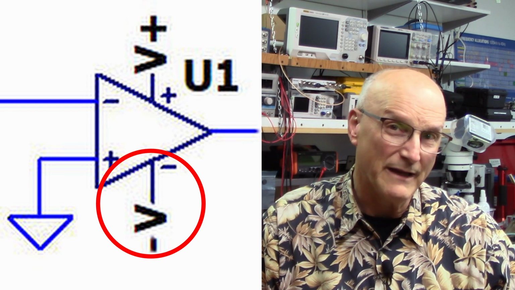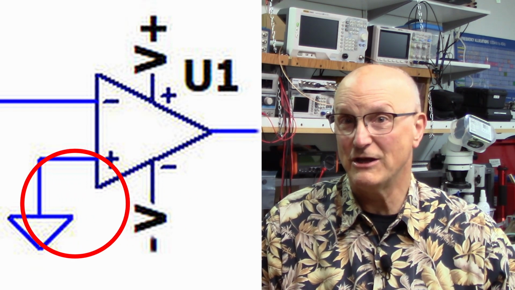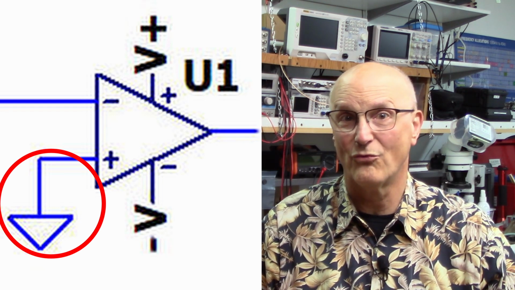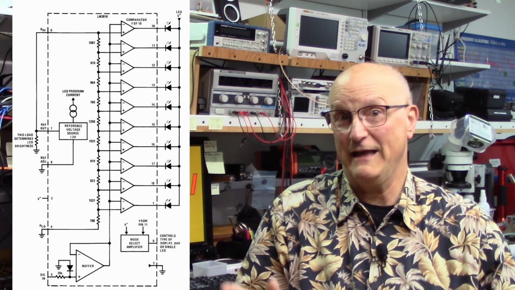But that also means that all of the connections to the pseudo ground now get to be connected to the real ground. The LM3914, 15, and 16 dot bar display driver chips would be a great option to use for driving the LEDs. It has all of the comparators and all of this associated circuitry all in one chip.